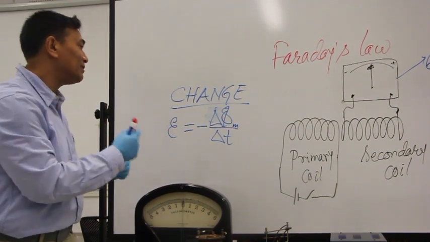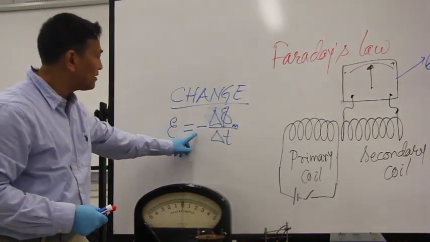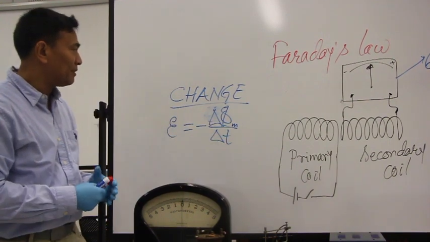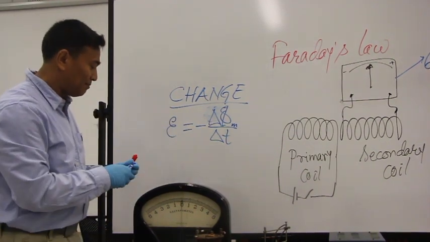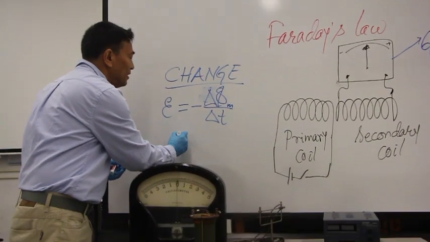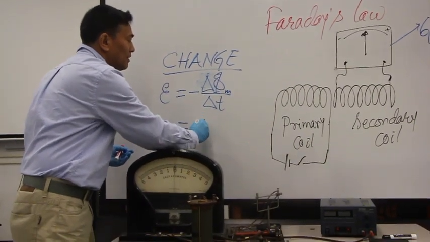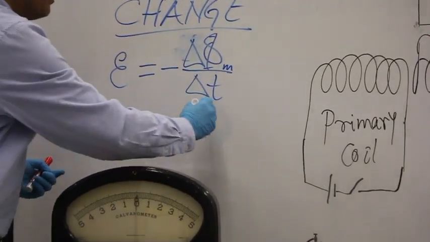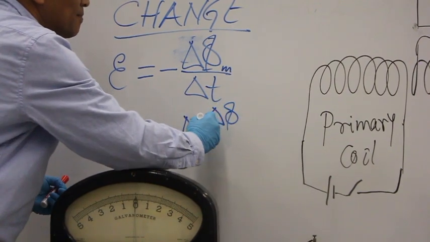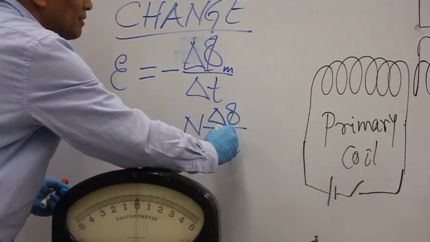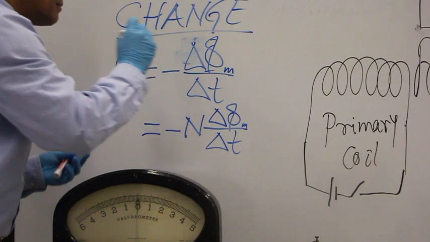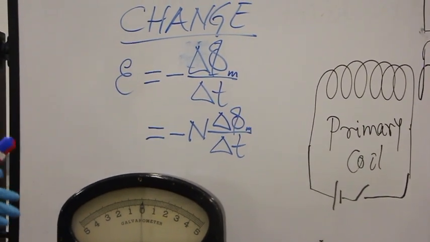And the voltage induced is E, which is equal to delta Φ by delta t. And if we have many turns of coil, then this will be N delta Φ by delta t. Okay, this is about how fast.